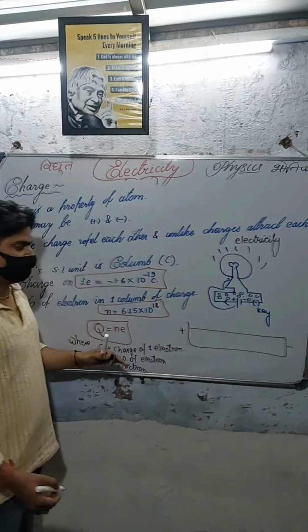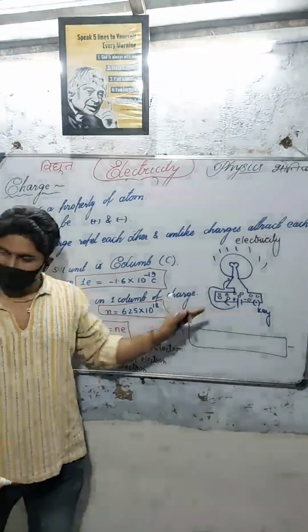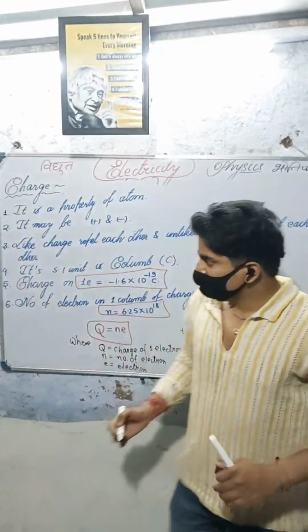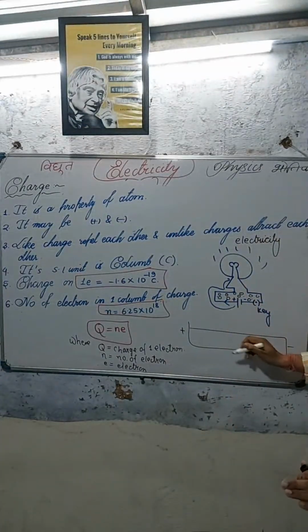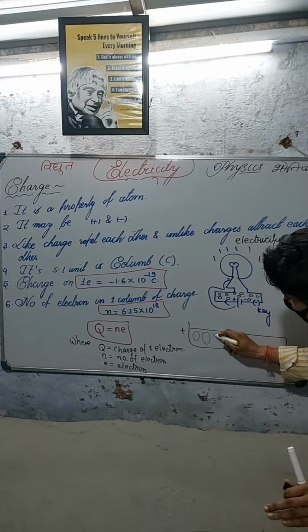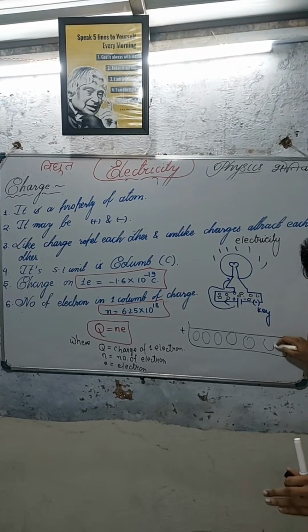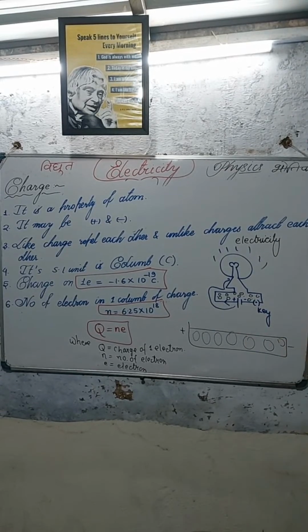There are two charges, my dear. Go loudly with positive and negative. Each and every cell has, my dear, electrons. Sir, why are these electrons not running?